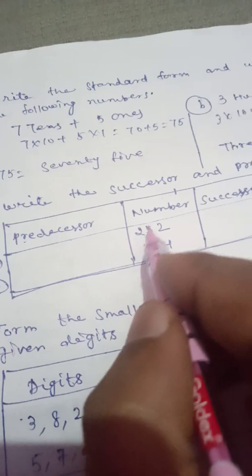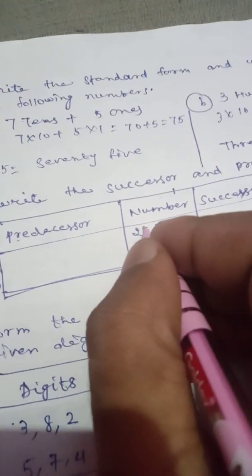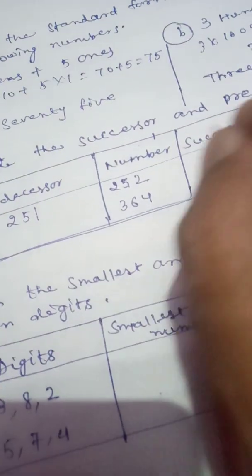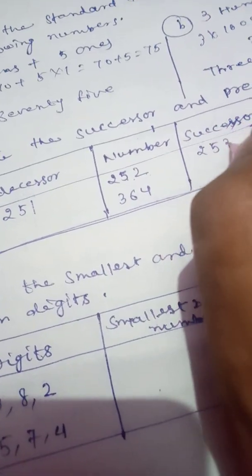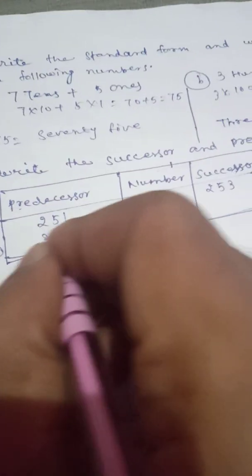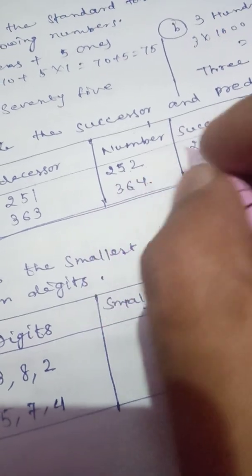Predecessor means one less than the given number, and successor means one more than the given number. Suppose that there are two numbers, 252 and 364. So the predecessor of 252 is 251, and the successor of 252 is 253. In the same way, predecessor of 364 is 363, and successor of the given number 364 is 365.